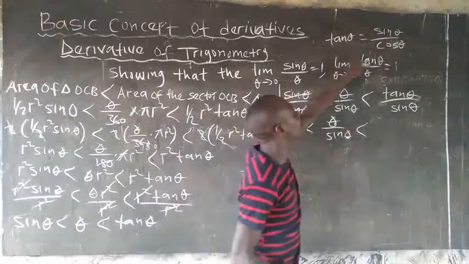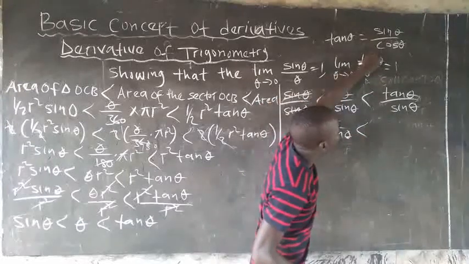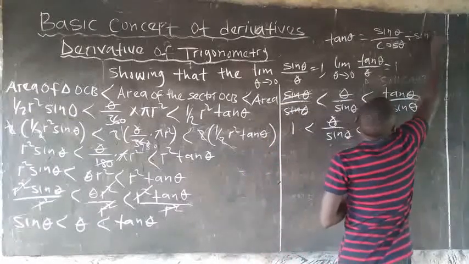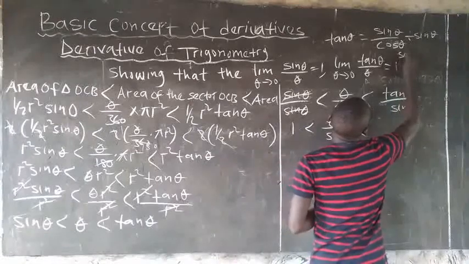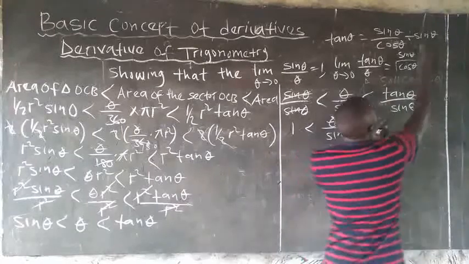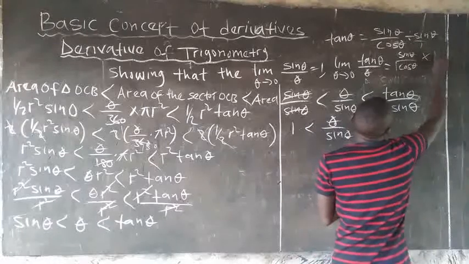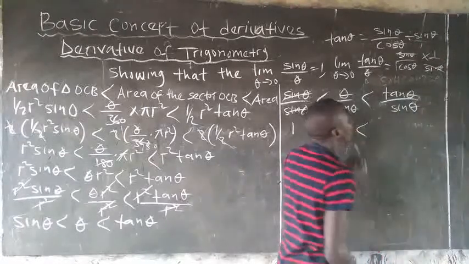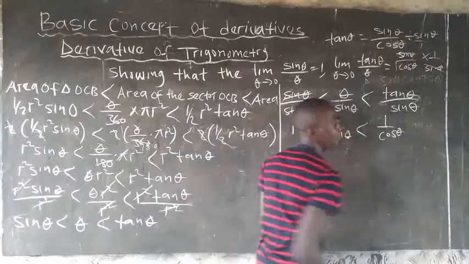So if tan theta is equal to sin theta over cos theta, and sin theta over cos theta is divided by sin theta, this one will change to multiplication. Then it will be 1 all over sin theta. So sin theta will cancel out sin theta. Then we'll be left with 1 all over cos theta.